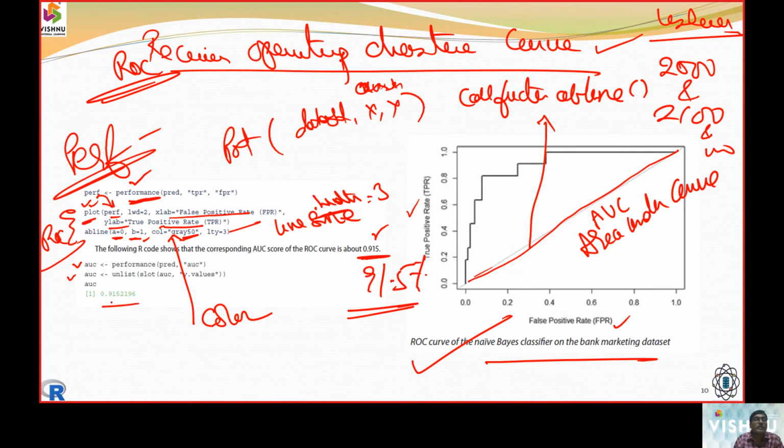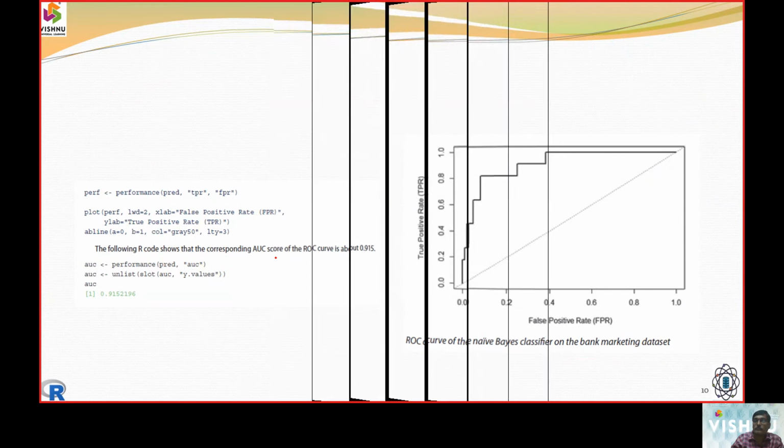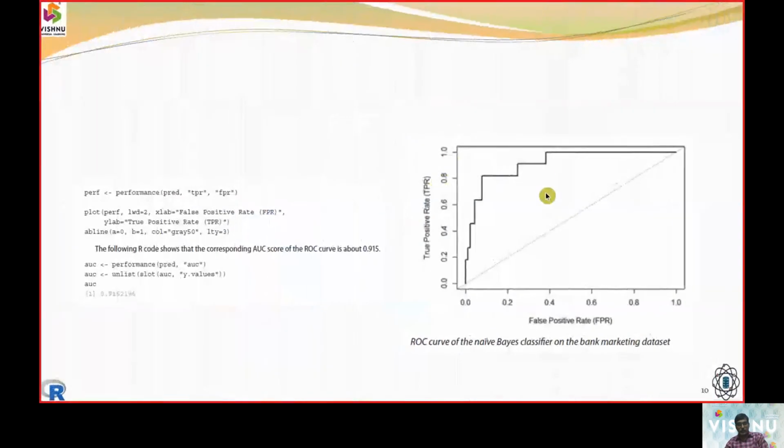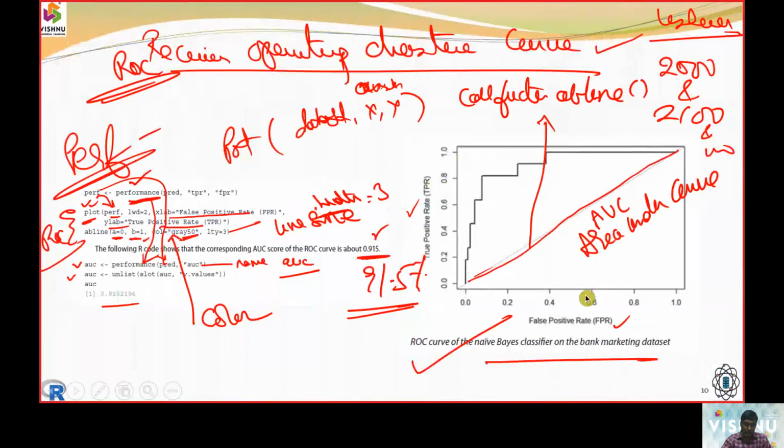It was displaying 0.9152, etc. So we get the same ROC with the performance, followed by the predicted content and the name, which we call area under curve. So this is how we are pulling up the area under curve.